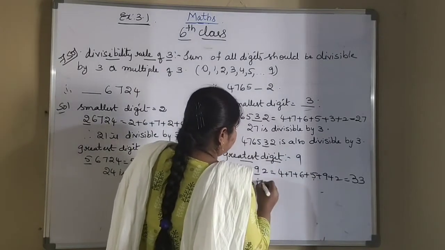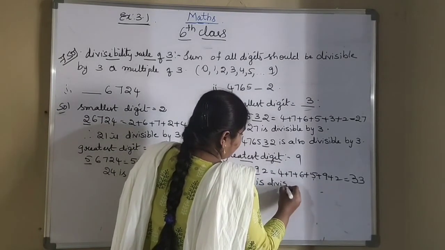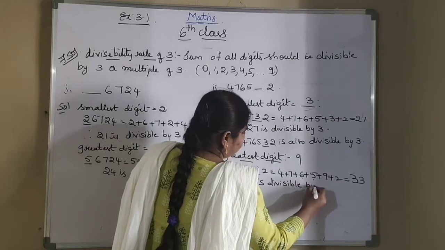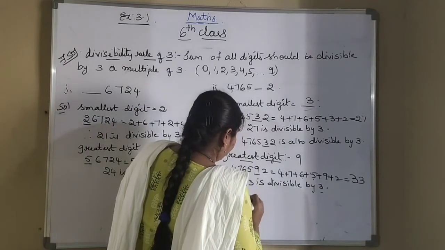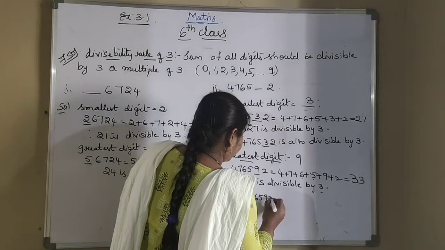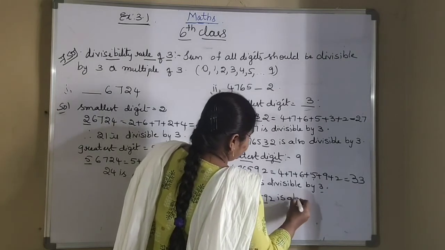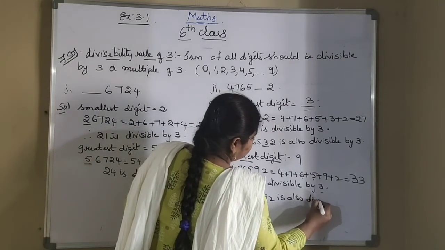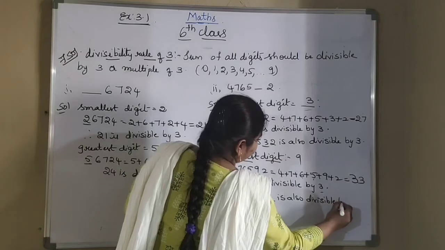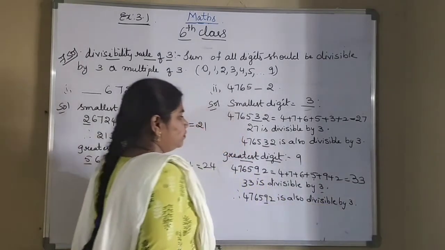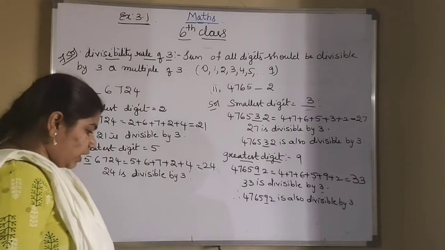So 33 is divisible by 3. Therefore 4, 7, 6, 5, 9, 2 is also divisible by 3. Okay, so this is our second one.